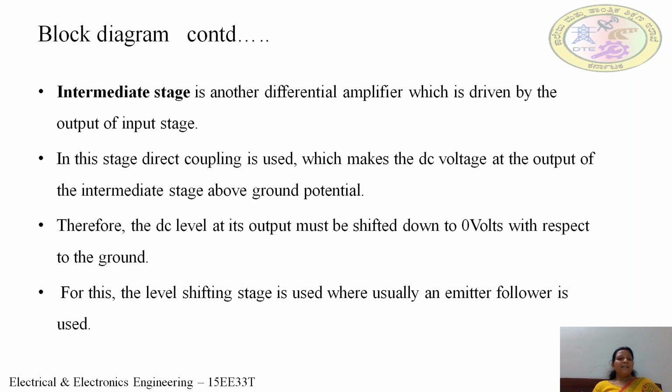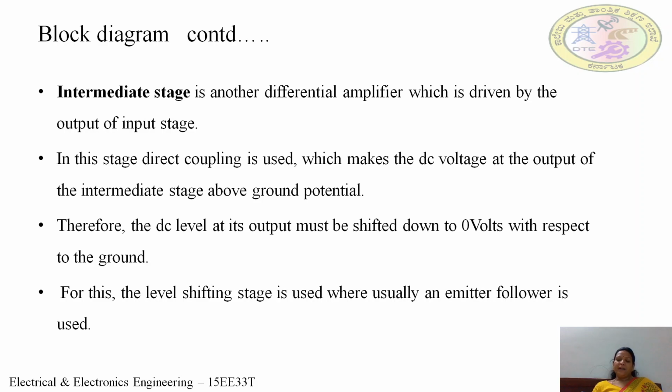Therefore, the DC level at this stage must be shifted down to 0 volts with respect to the ground. Hence, the intermediate stage in most situations will also have a level shifting stage, which is usually an emitter follower. So we use an emitter follower as the level shifting stage.